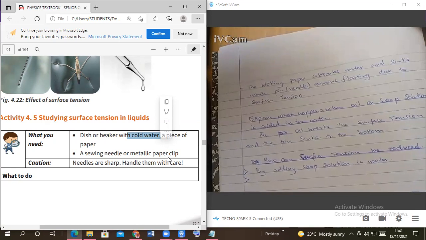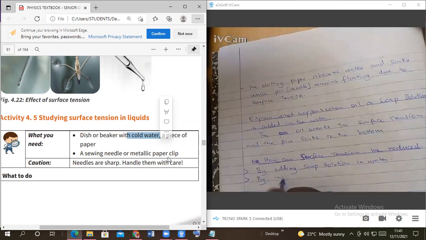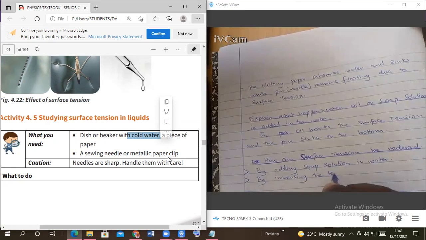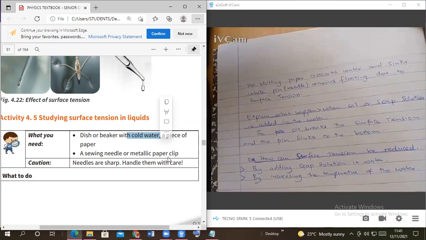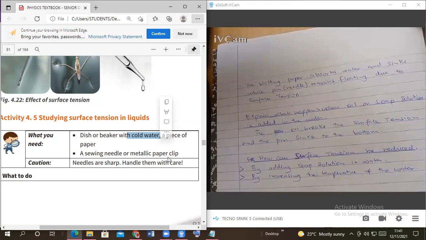By increasing the temperature of the water. So that's why sometimes if you want to wash, you use warm water and then you wash. A washing machine, some of them use warm water when they are washing.